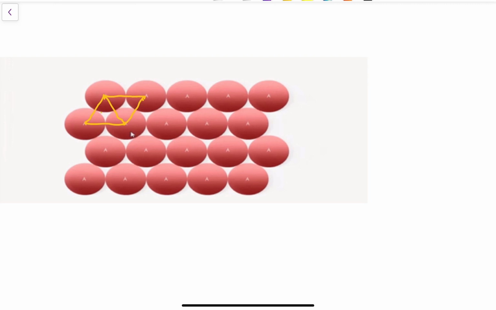So at this center, I will mark it as B, and here I will mark it as C. So here it will be B, B, B, and C, C, C. On careful examination, you can see that if I place an atom here, in the B position, I will not be able to place atoms on C. So the next layer can either go to B or C. It cannot be placed on B and C together.